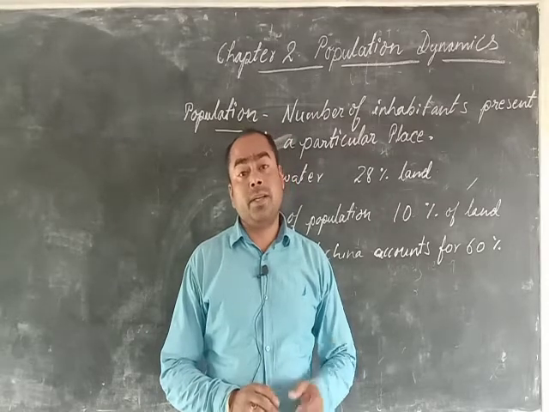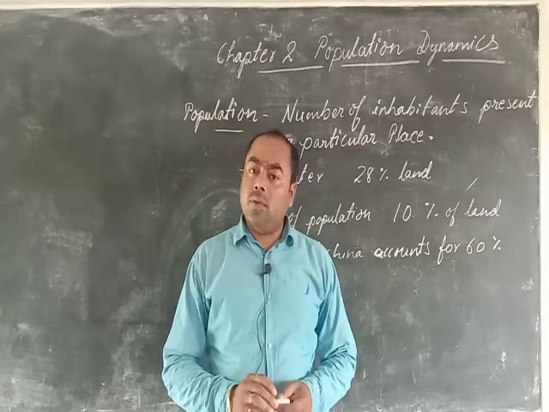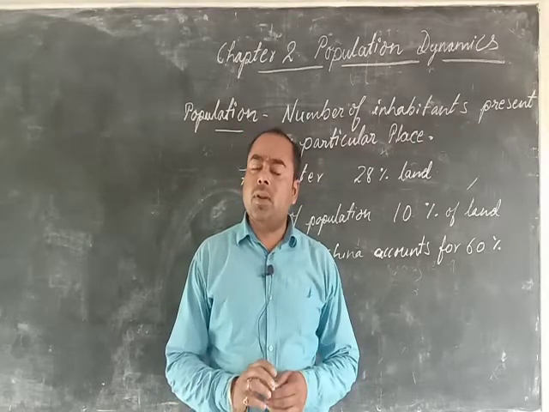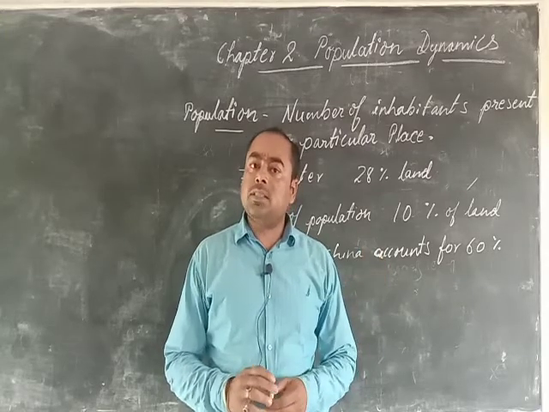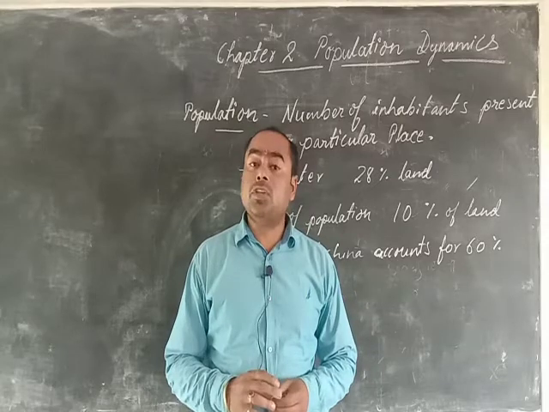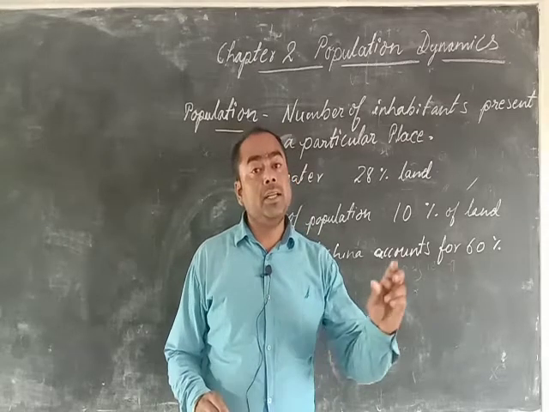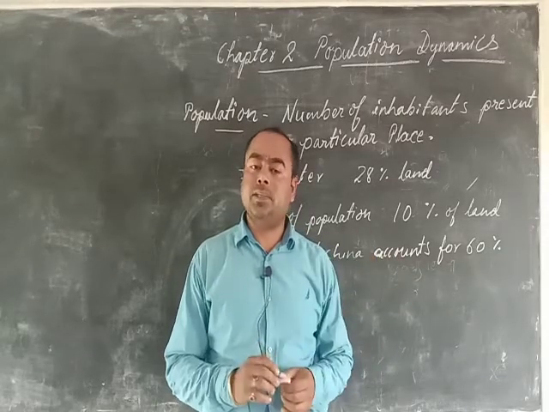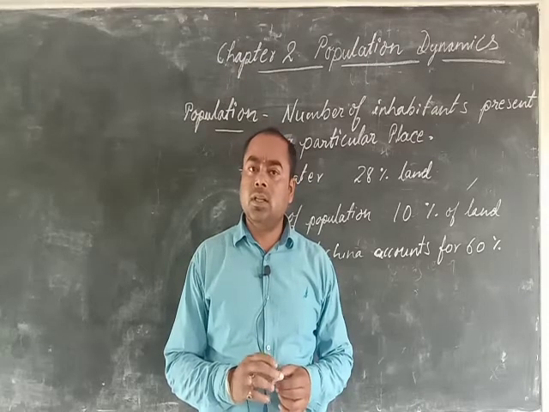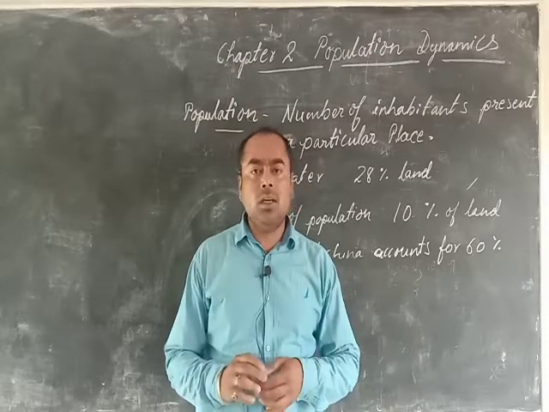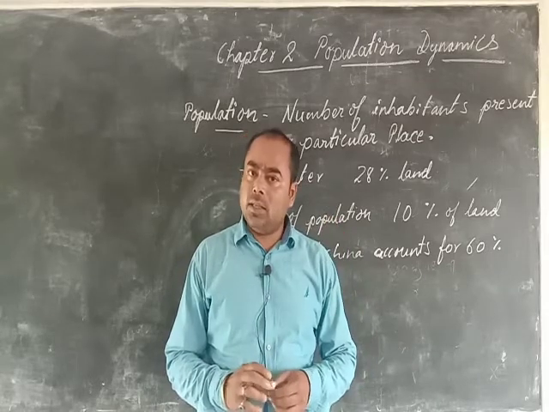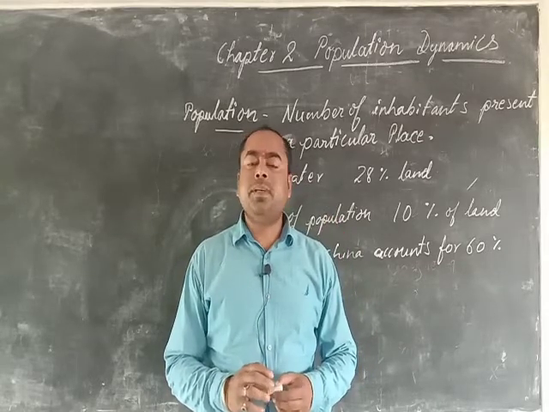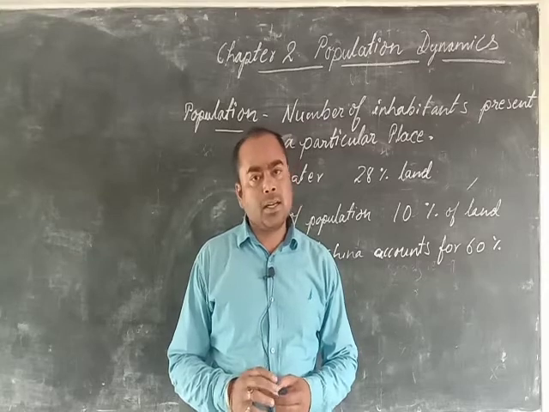So out of this 28 or 29% of land, 90% of the human population lives on only 10% of the land. Is that clear? So out of the total land present on the earth, only 10% is inhabited by human beings. Is that clear?